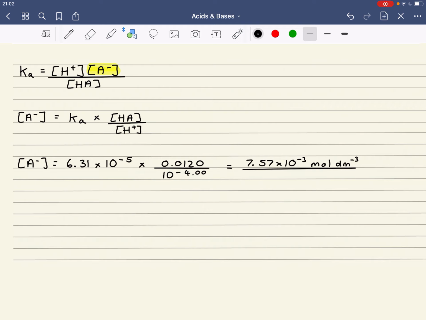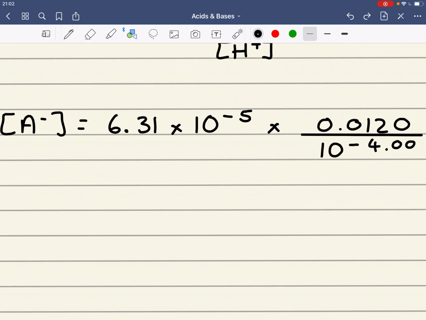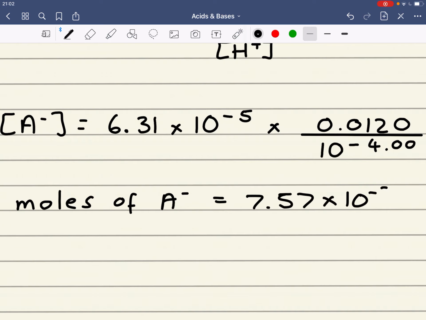In order to work out the mass, I need the moles. So how many moles are there going to be? Now, it tells me I've got 1 decimeter cubed. This is the number of moles in a decimeter cubed. So my moles of A minus will equal 7.57 times 10 to the minus 3.